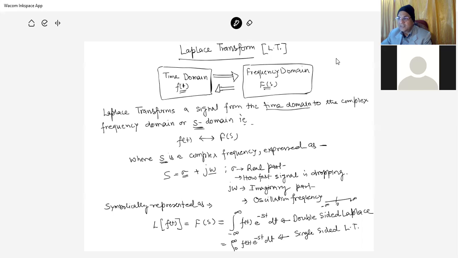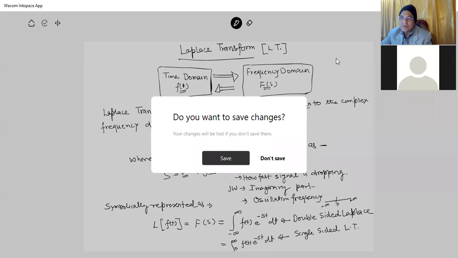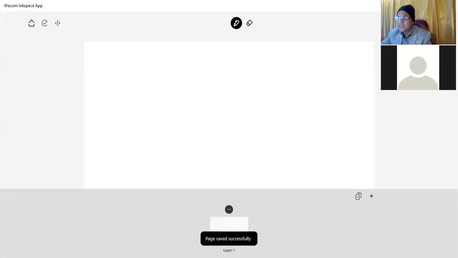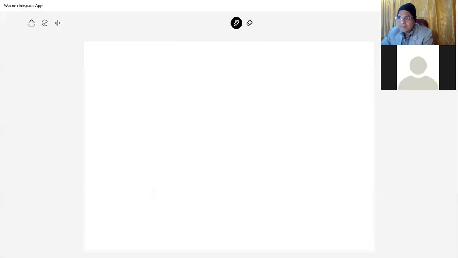And if it is 0 to infinity of f of t e raised to the power minus st dt, it is the single-sided Laplace transform. So in this way, we can call the Laplace transform both ways, single-sided and double-sided.